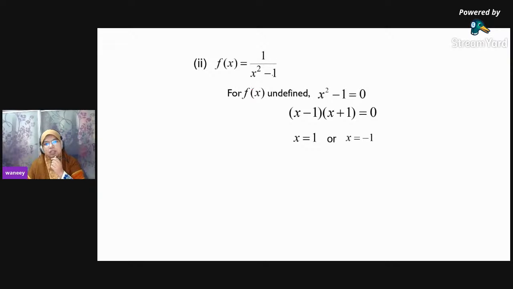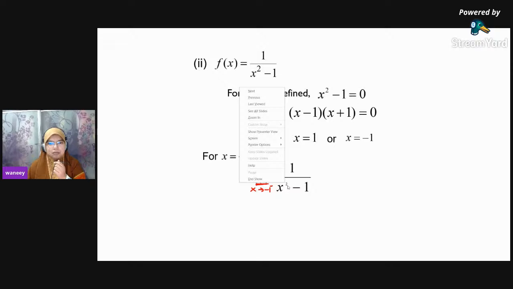And of course, we have to test them. So go back to the equation and substitute. For x equal to -1, this is the limit for x approaching -1 on the left hand side of 1 over x squared minus 1.